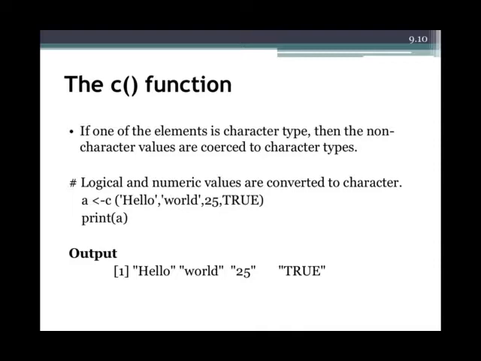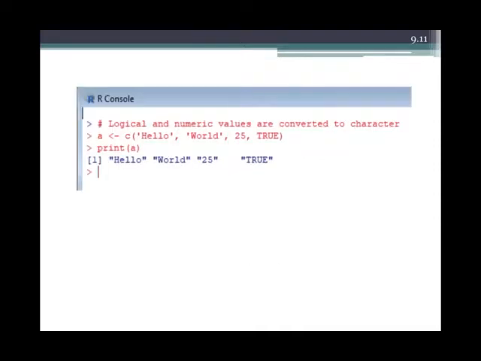For example, we have the words Hello World, 25 and TRUE. When we print the vector, we get Hello World, 25 and TRUE contained within double quotes. You can see the same example from the R console, where whatever you have typed in has appeared in double quotes.